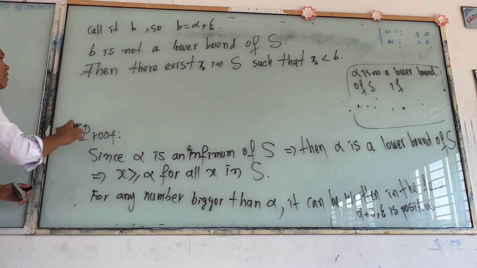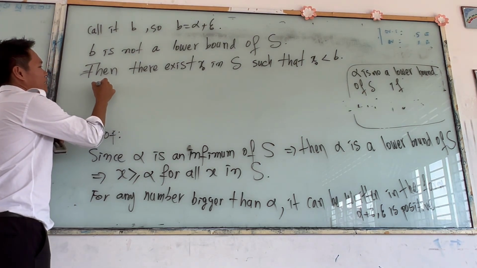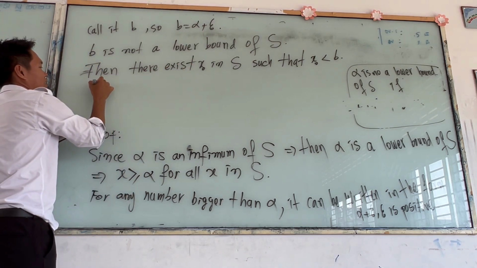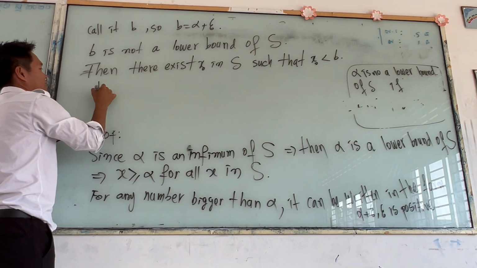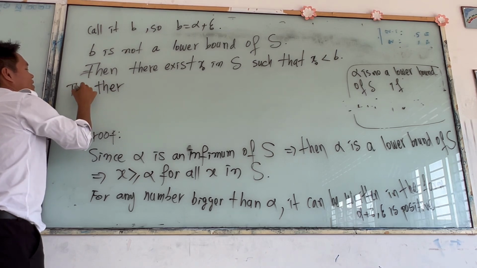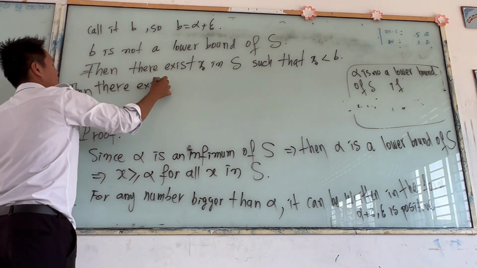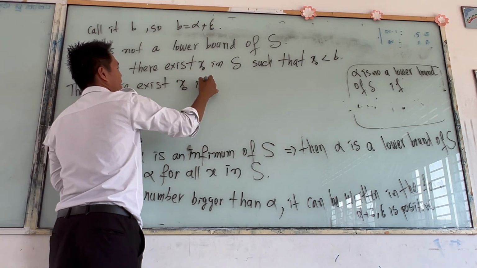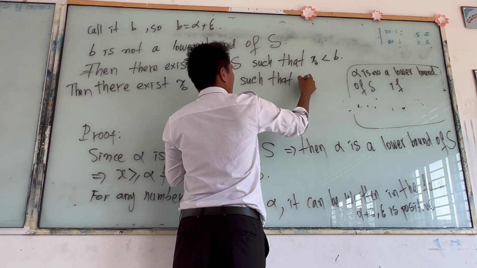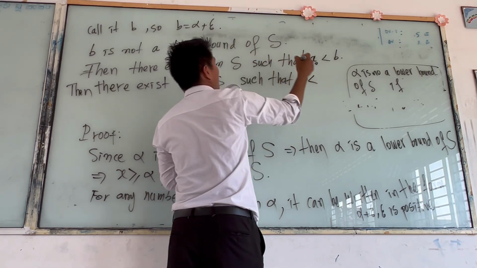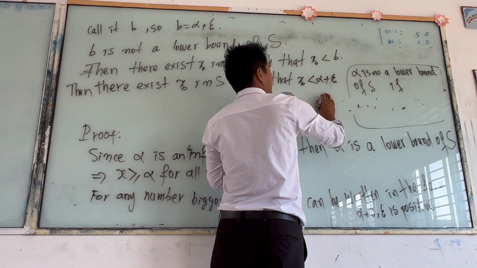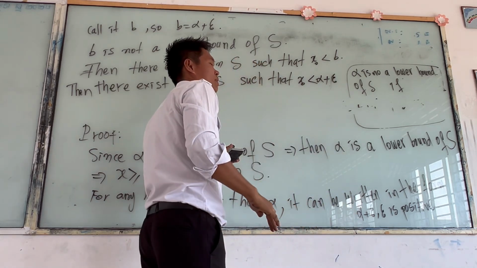Okay, and from this, since b equals alpha plus epsilon, then there exists x0 in S such that x0 less than b, and b equals alpha plus epsilon, right?